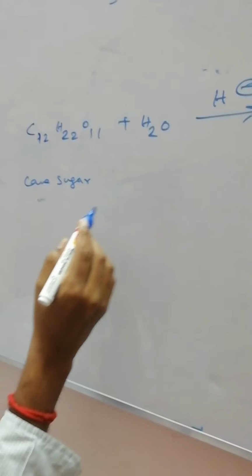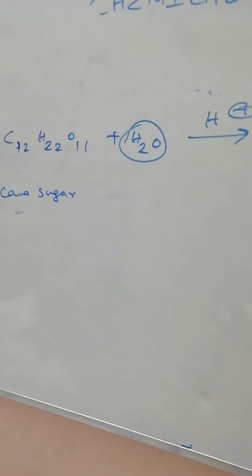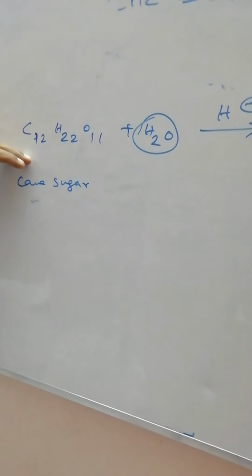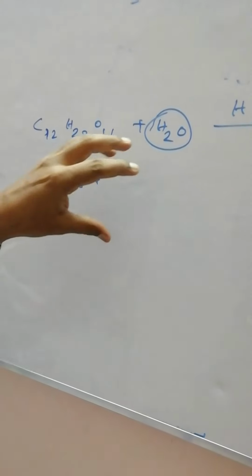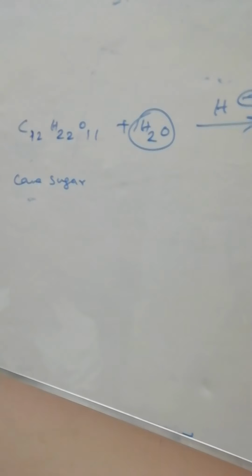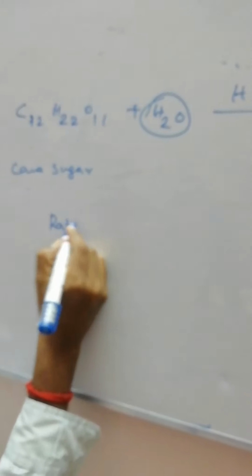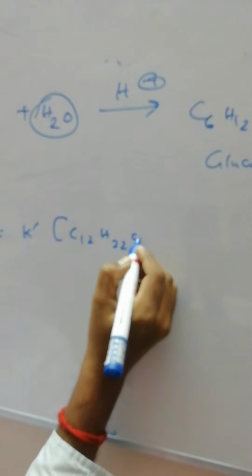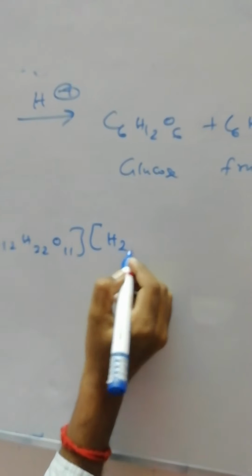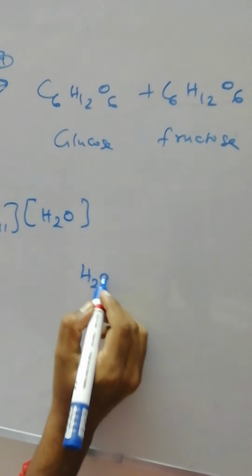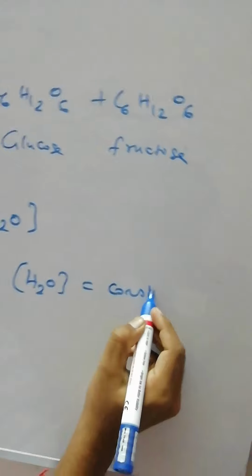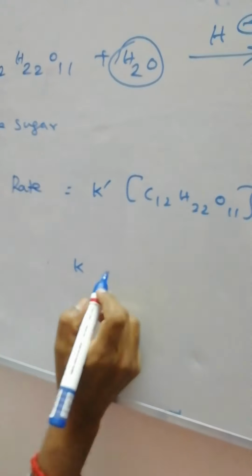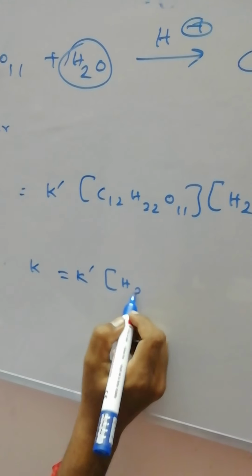Here also water is taken in excess concentration, and the concentration of cane sugar will be very low. So it will take its own concentration to form the product. In this reaction, rate is equal to K prime [C12H22O11] into [H2O] molar concentration. The concentration of water is constant, so we can write rate is equal to K, where K is equal to K prime [H2O].